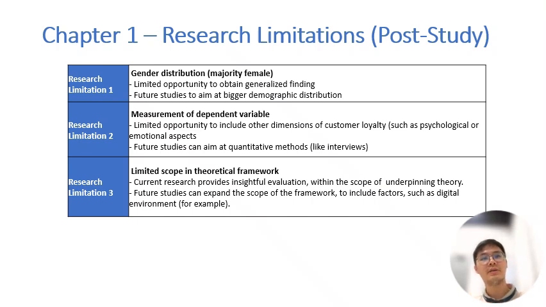The second limitation is the measurement of the DV. Here, there was limited opportunity to include other dimensions of customer loyalty, such as psychological or emotional aspects, which future studies will need to aim at with a qualitative method, because in this survey we are using the quantitative method. So in the future, we'll need to do a qualitative study for better understanding of this dimension.